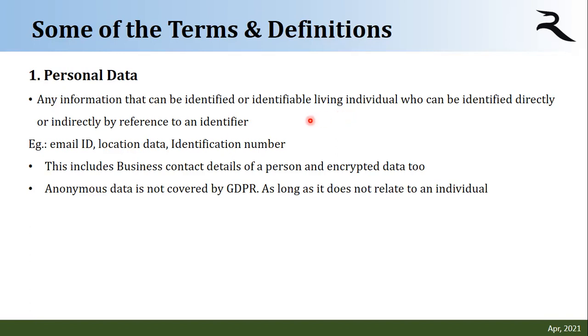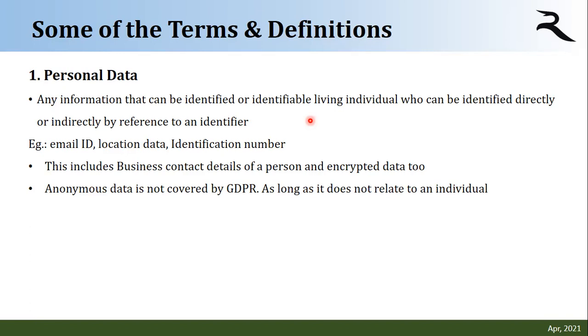So when we say personal data, any data that points to an individual is personal data. Let's say an email ID or any national identification number, and so on. There is also a lot of biometric data that we collect about people. So any data that you can attribute to an individual specifically becomes personal data, including my address and mobile number.